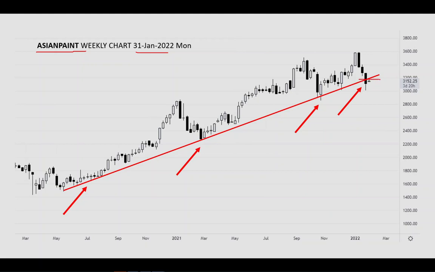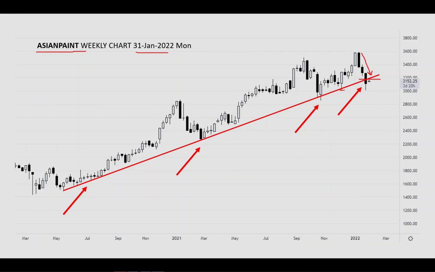However, because the market was in a downtrend for the last 2-3 weeks, this price has fallen substantially, and now it is available near the support zone. Although it has broken the support line last week, there is still a possibility that it will bounce back from here, because it is a good stock and it is in an uptrend.